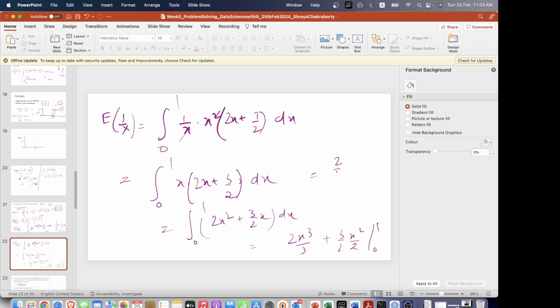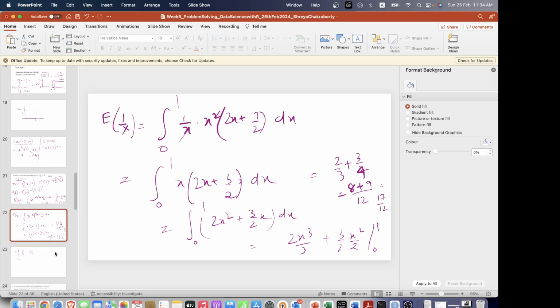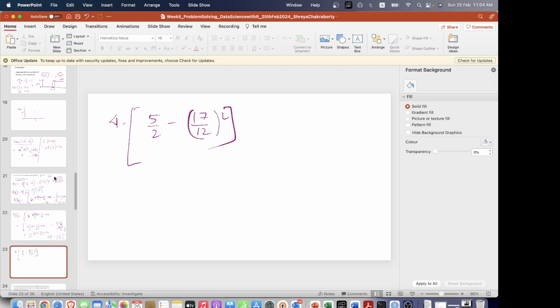So this would be 2 by 3 plus 3 by 4, which is 8 plus 9 over 12, something like 17 by 12. Alright, so the required answer would be 4 into 5 by 2 minus 17 by 12 whole square, and whatever you get, that is the required answer. Is this clear?